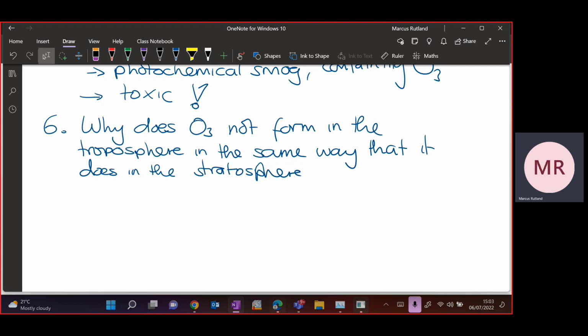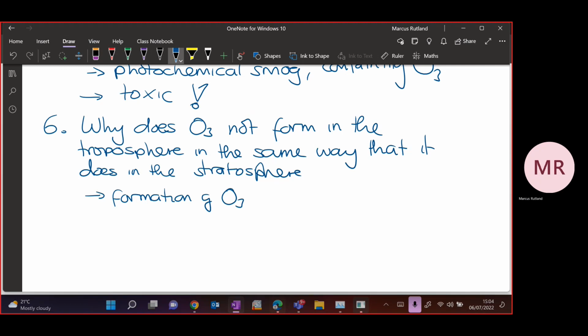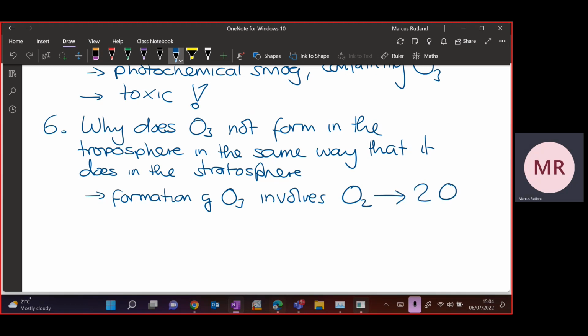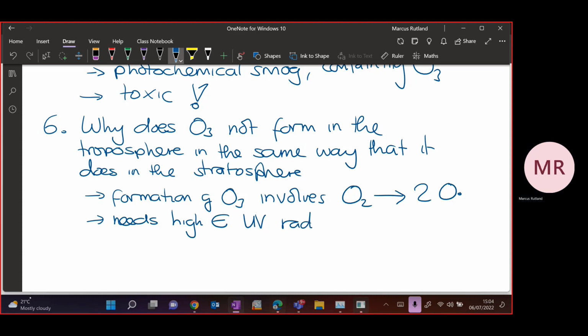So now the answer is about the high energy UV radiation, and there's a bit of circular logic here. So the formation of O3 in the stratosphere involves that O2 splitting to give 2 oxygen radicals. This needs high energy UV radiation.